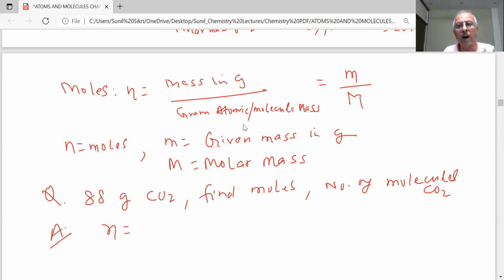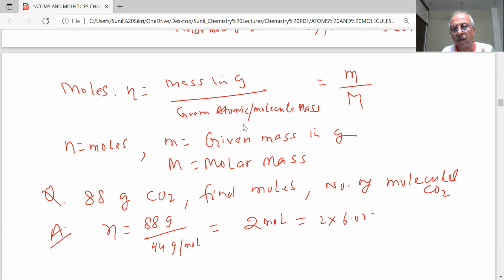Moles: mass in grams, what is the mass? 88. What is the molecular mass of CO2? 44. What do you get? 2 moles. And how many molecules will be there? 2 into 6.022 into 10 raised to the 23 molecules of CO2. So I may say 12 into 10 power 23 molecules of CO2.